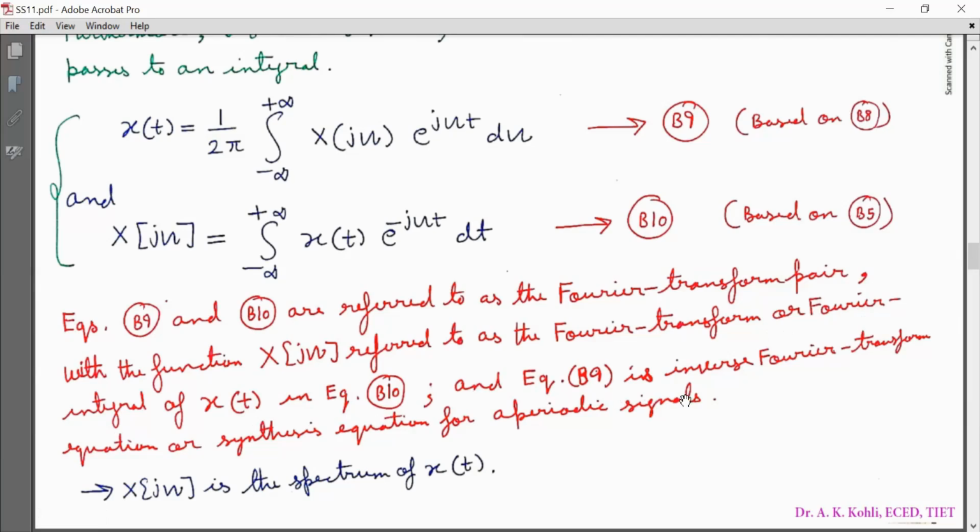And equation B9 is the inverse Fourier transform equation or synthesis equation for aperiodic signals. So capital X(jω) is the spectrum of x(t).